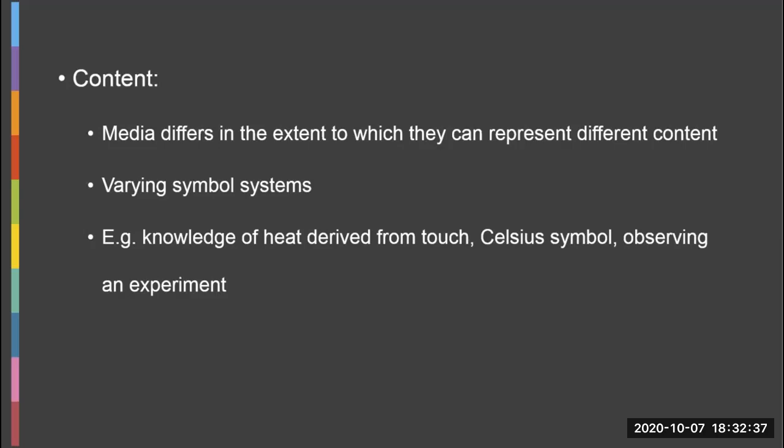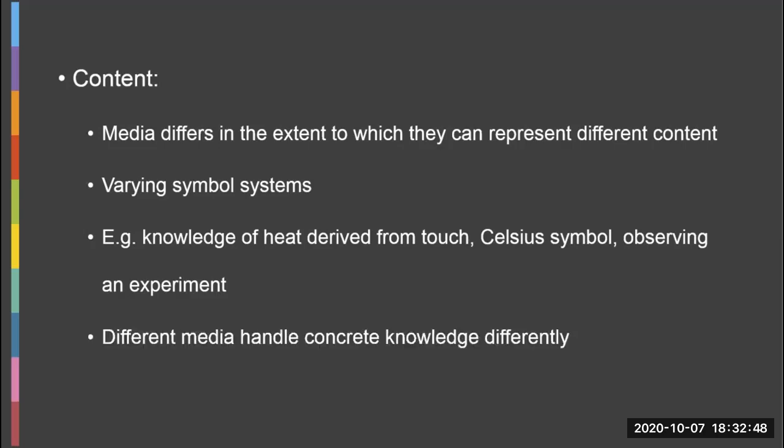Another thing that we can pick up on is also when choosing the media, certain media handle certain aspects better. So we come to this idea of concrete knowledge and abstract knowledge. When we speak about concrete knowledge, we refer to things that are factual and things that are data based.